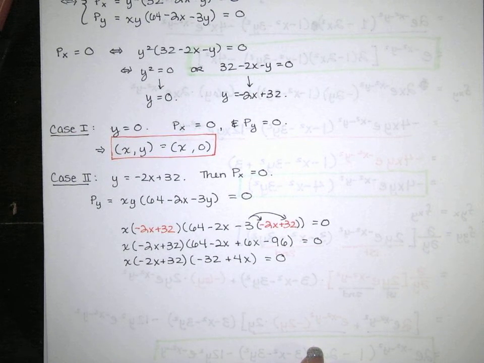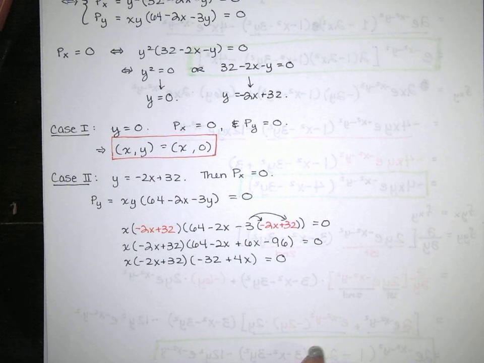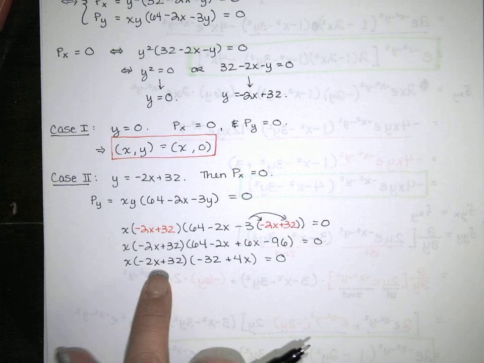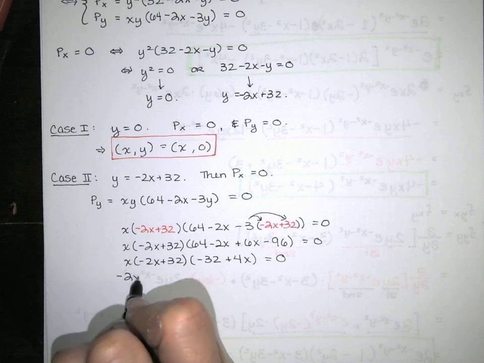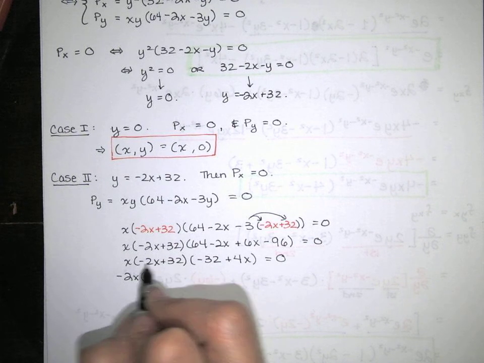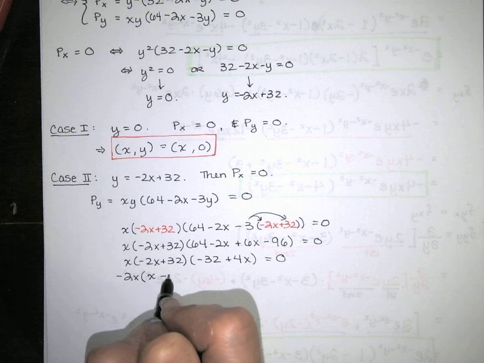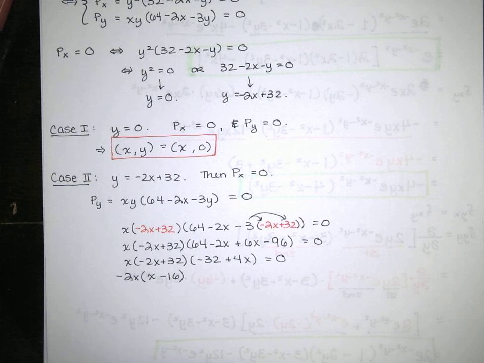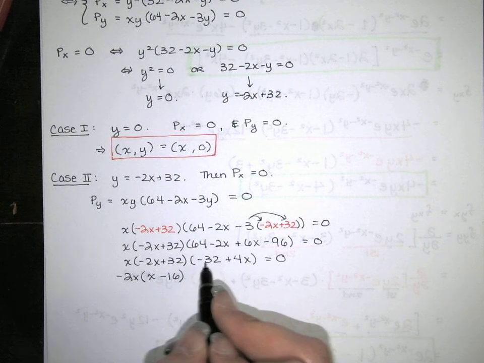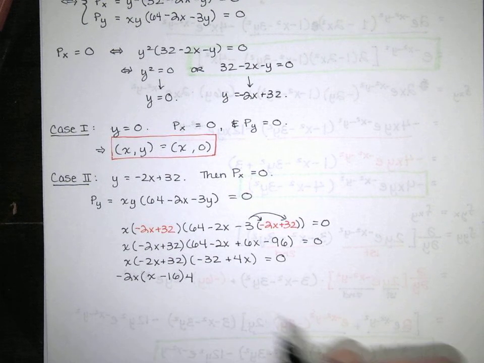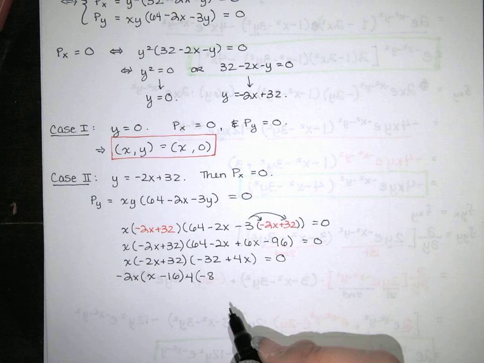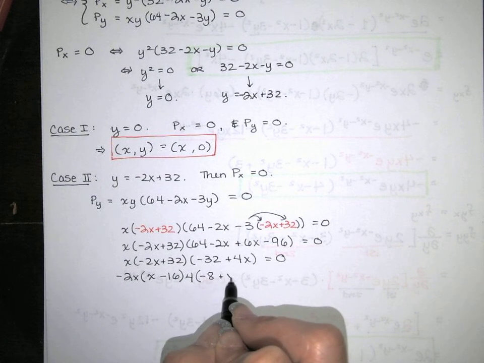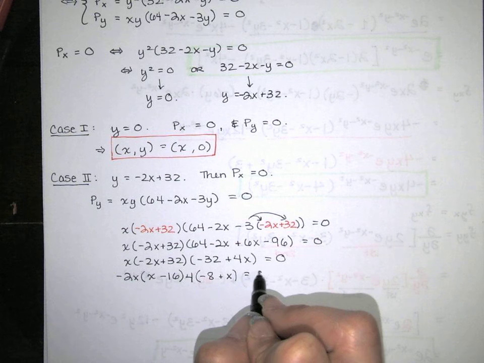And I think we can factor further. Negative 2x and 32 have a factor of negative 2 in common, so let's factor that out. If I factor out negative 2 from this, I'm left with an x minus 16. These guys have a 4 in common, so I could factor that out. 4 times negative 8 would give me negative 32, and 4 times x would give me the 4x.